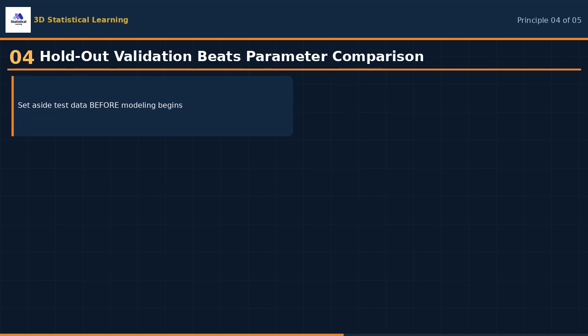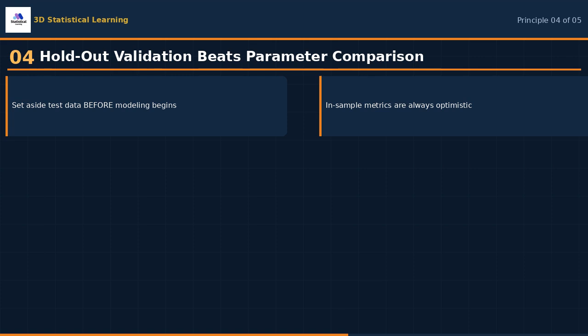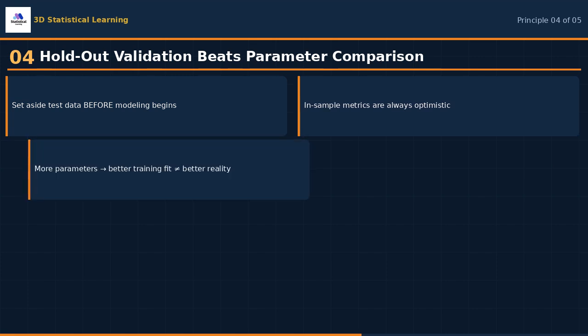Principle 4. Holdout validation beats parameter comparison. If your goal is to compare models in terms of predictive performance, the single most important tool at your disposal is holdout validation. This means setting aside a portion of your data before any modeling begins, and using it solely to evaluate model performance after training is complete.